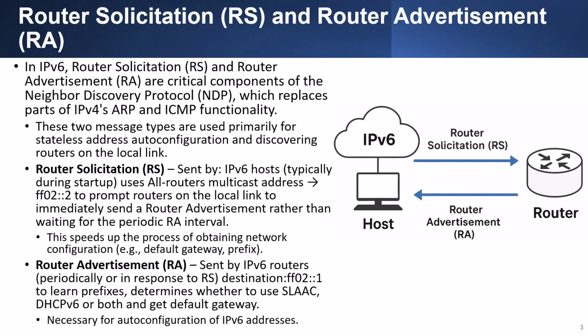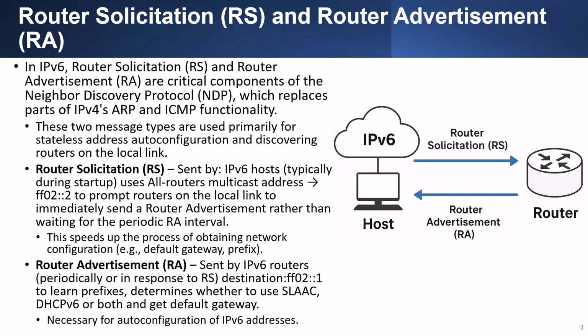In IP version 6, router solicitation, or RS, and router advertisement, or RA, are critical components of the Neighbor Discovery Protocol, which replaces parts of IP version 4's ARP and ICMP functionality. These two message types are used primarily for stateless address auto-configuration and discovering routers on the local link.